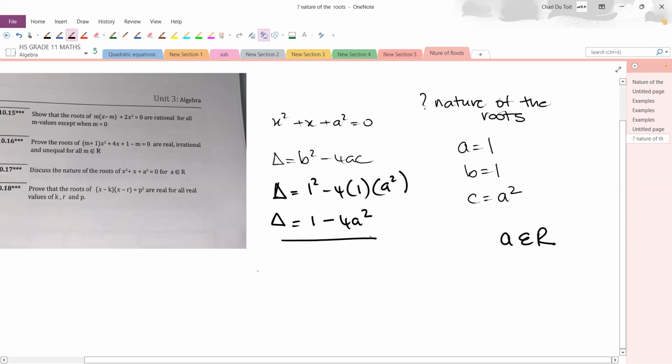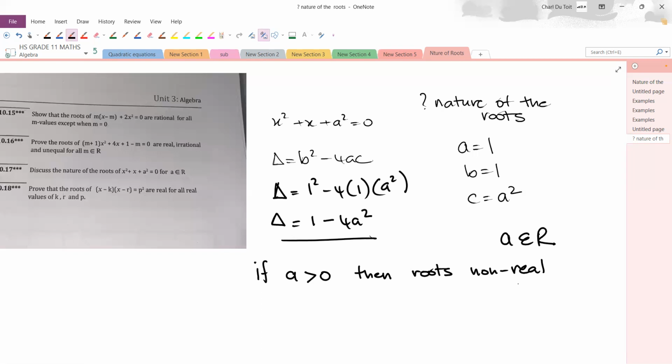So if a is larger than 0, then the roots will be non-real. If I put a positive value in a's place, I square it, I get a positive value.